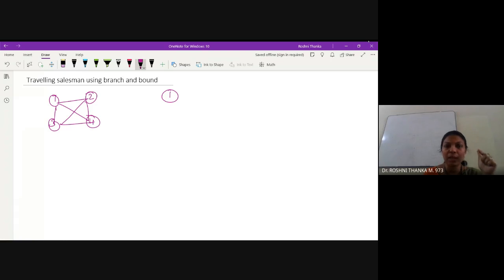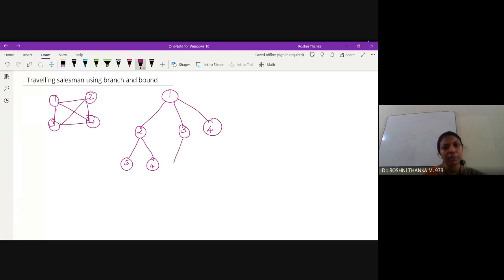Then from 1, he can go to node 2, 3, and finally 4. If he comes to 1 and then 2, from 2 he can either go to 3 or to 4. And from 1 and 3, what are the other nodes he wants to visit?